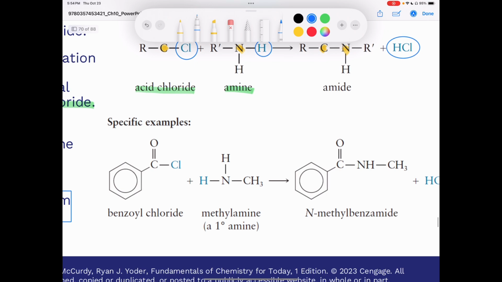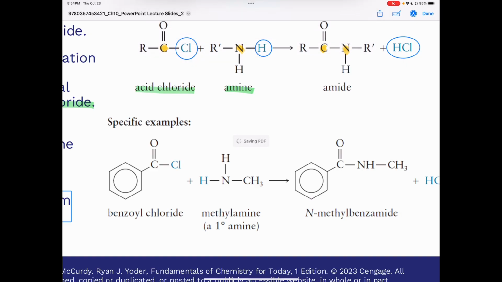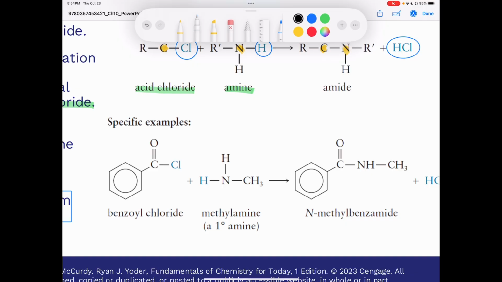Now here's the specific example they've given us. This is benzoyl chloride, which is an acid chloride. We're reacting it with methylamine, which is a primary amine. You can see that they highlighted the chlorine from the acid chloride and one of the hydrogens from our primary amine.